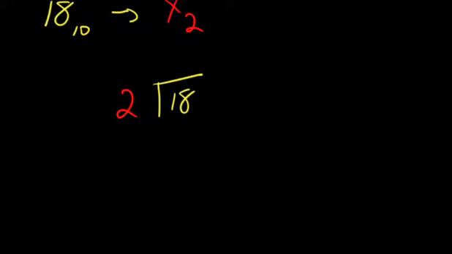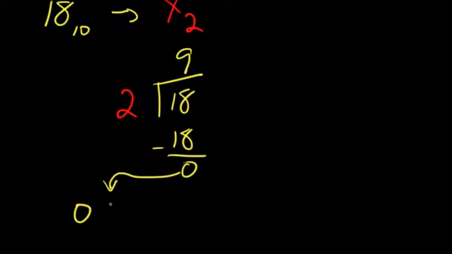So let's do that. 18 divided by 2, we get 9, and it perfectly goes into it. So our remainder is 0, and that will be what we call the least significant bit of our binary number.